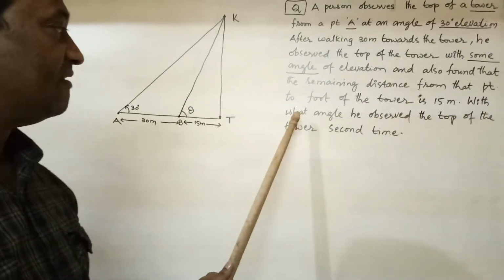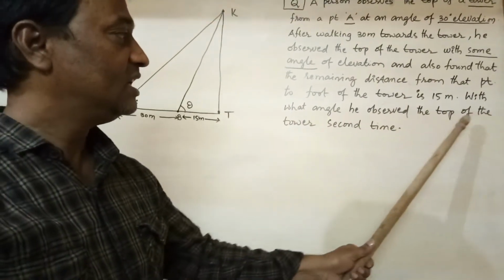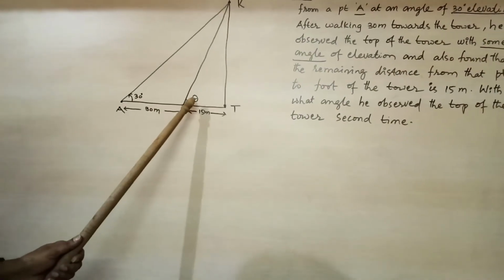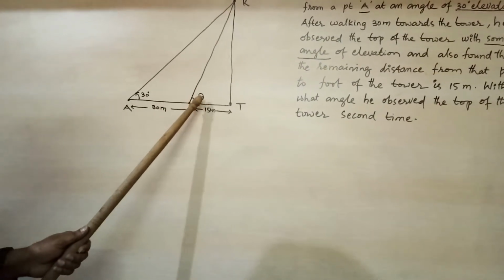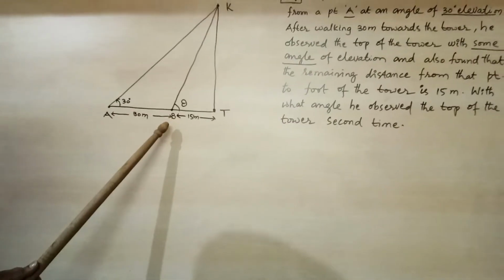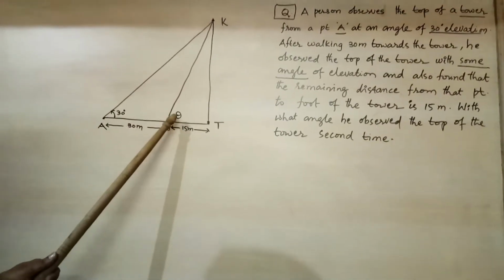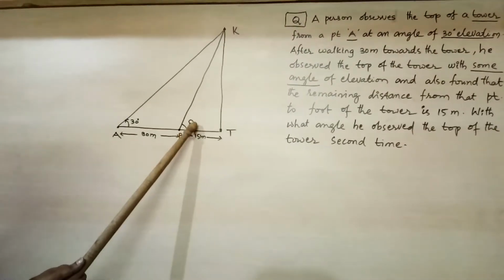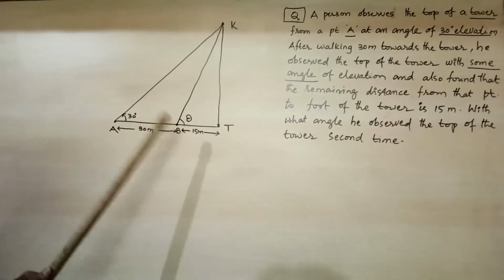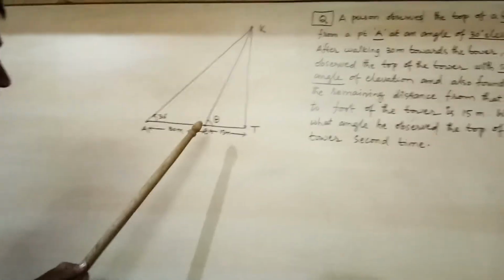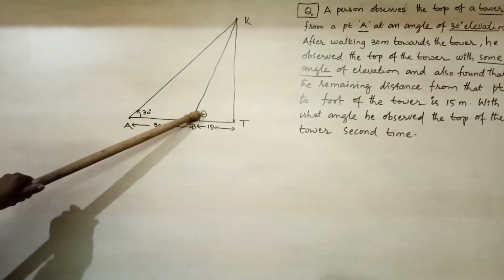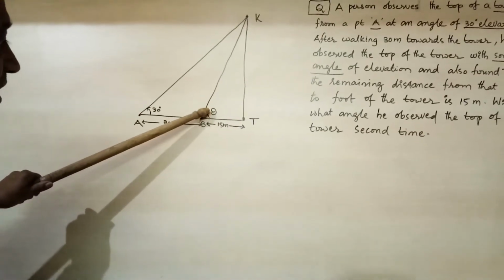With what angle did he observe the top of the tower the second time? The required angle is theta. He rotated his head upward theta degrees to see the top of the tower. We have to find out this theta.